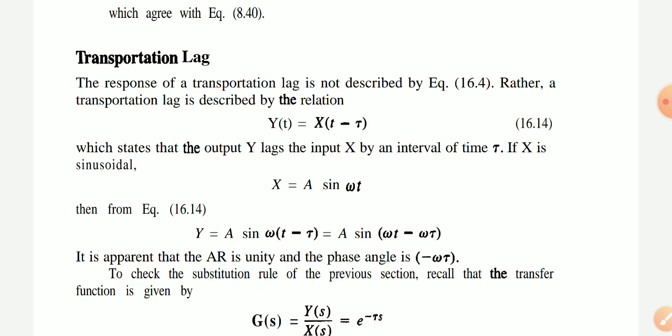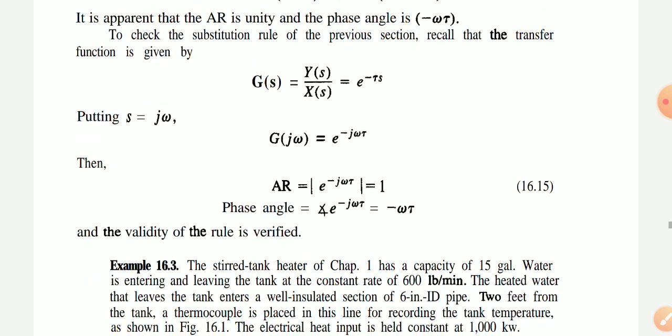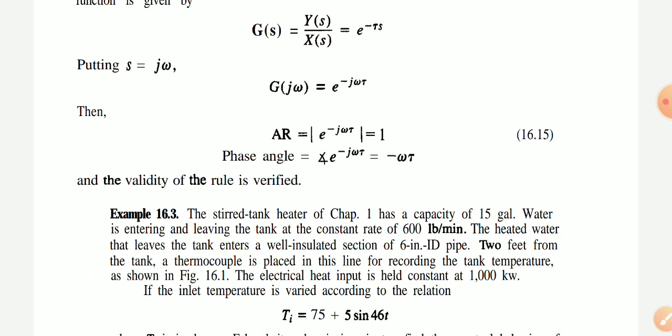To check the substitution rule of the previous section, recall that the transfer function is given by G(s) = Y(s)/X(s) = e^(-tau s).